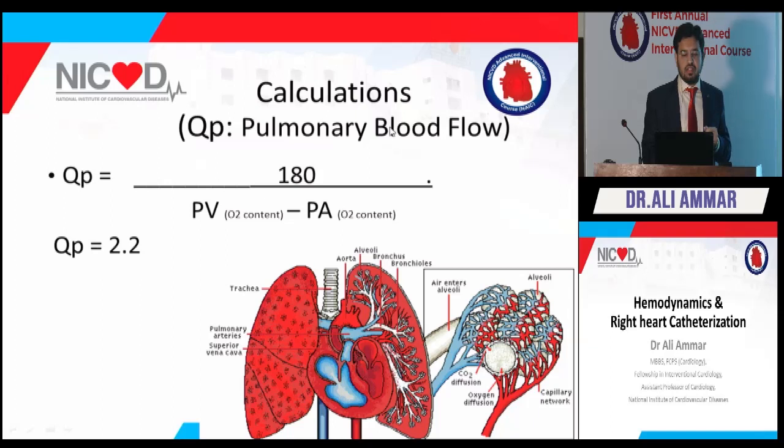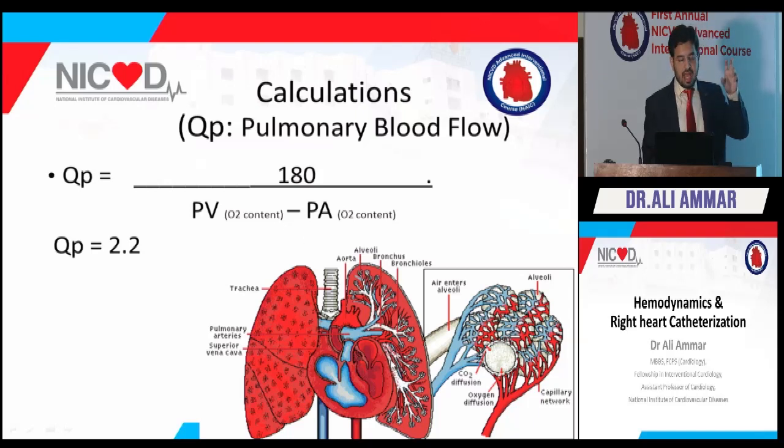Then comes an important thing, that is, what is the pulmonary flow? Pulmonary flow is the flow that is going from the right ventricle to the pulmonary arteries, and for measuring it, we will have this equation. We will calculate it by dividing 180, which is a constant for adults, by the oxygen content across the pulmonary bed.